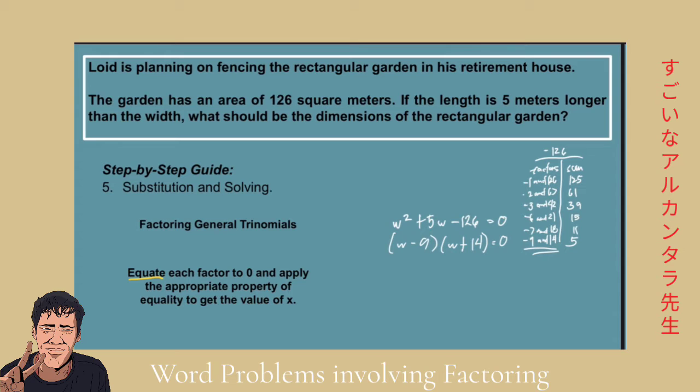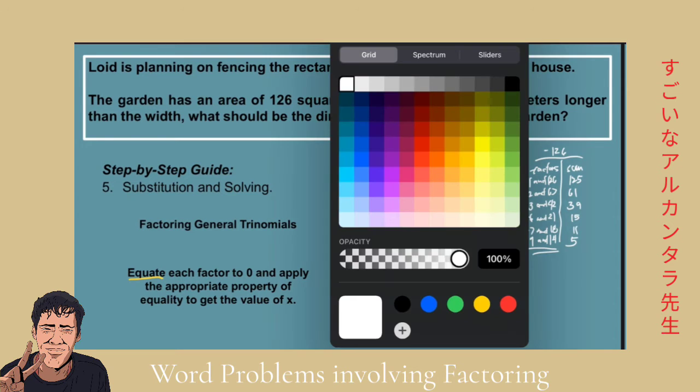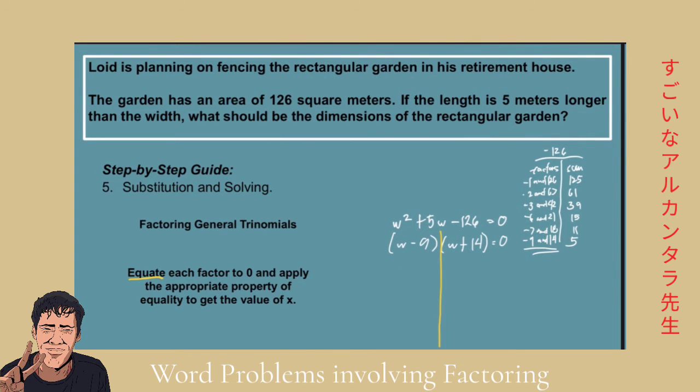We're going to separate these two factors, just like Moses, and equate each of them to 0. Why do we equate each factor? So that we can get the two possible values of the missing variable.